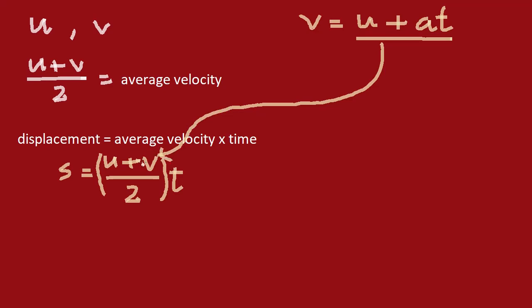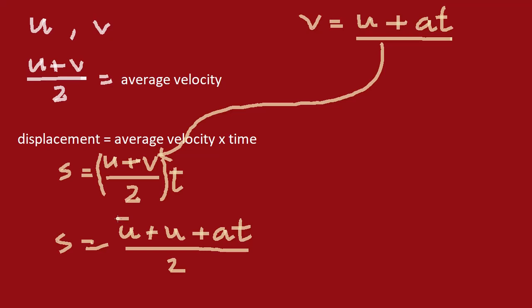So that gives us s equal to, u plus, now instead of v, u plus at. Remember that this u plus at is actually the value of v taken from the first equation of motion. The rest I am going to write as it is, divided by 2, this entire thing in a bracket, and outside that there is the t that is there already.